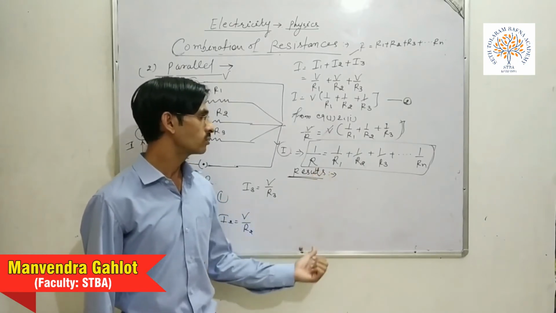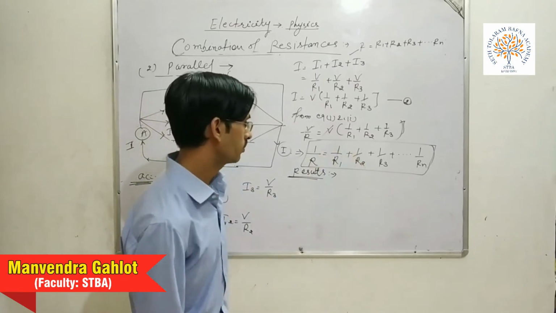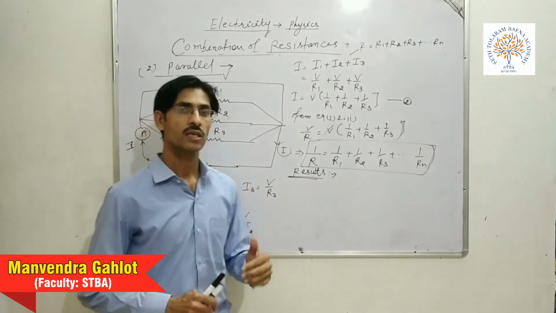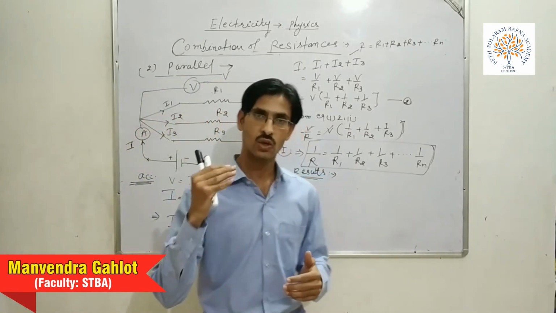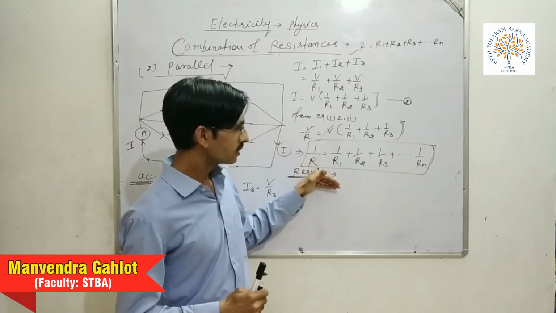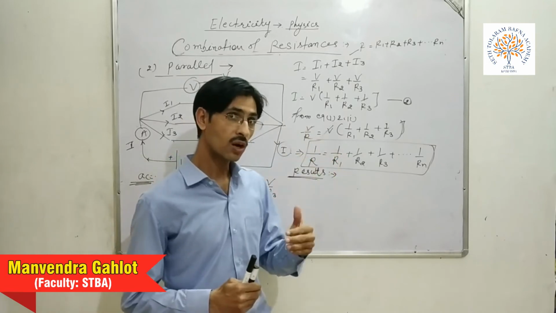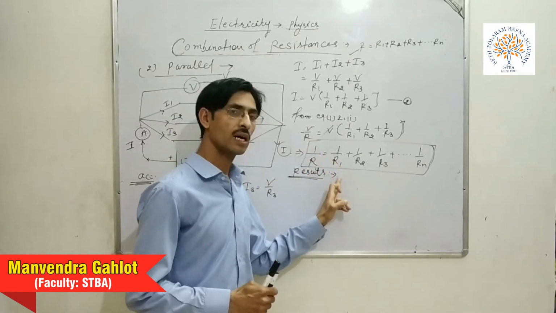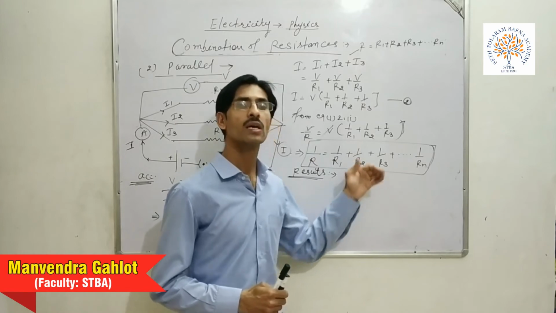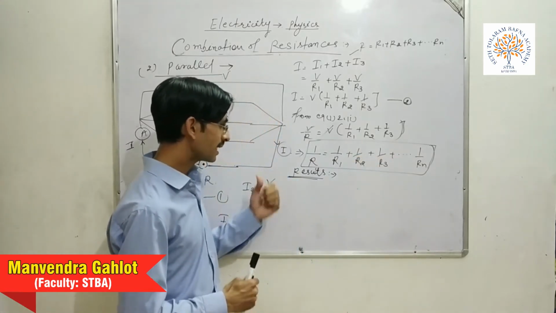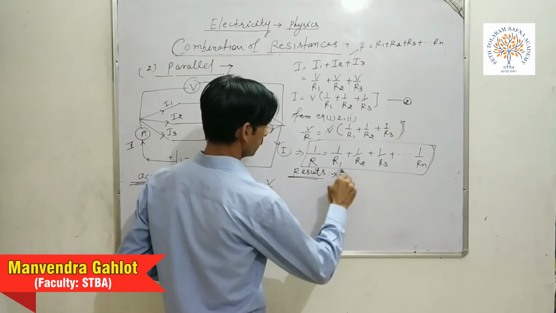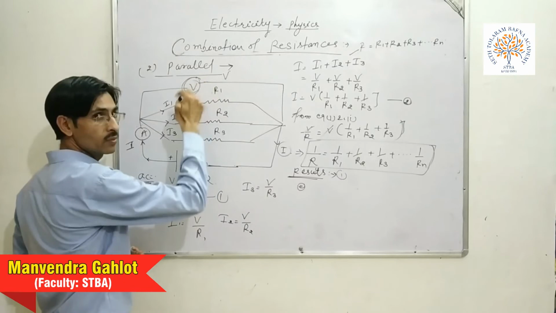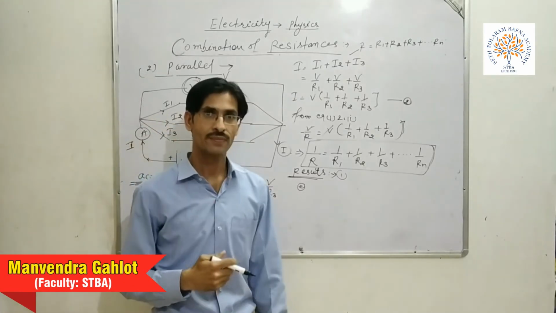Now we found the result of parallel combination. First, equation number 3 gives information that the reciprocal of the total equivalent resistance is the sum of the reciprocals of individual resistors, such as 1 upon R equals 1 upon R1 plus 1 upon R2 up to Rn. Second result, in parallel combination V remains the same, the potential difference remains the same.